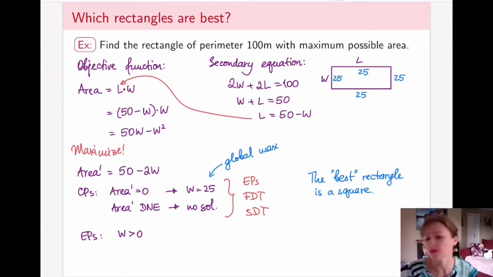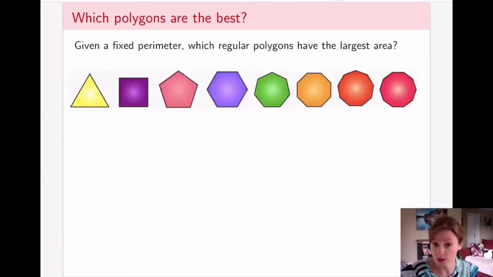Now, what if I'm not constrained to using 4 sides? So what if I have fixed amount of perimeter, but I can use as many sides as I want? Which one of these shapes will now have the most area enclosed within it? Is it a triangle? Is it a square? A pentagon? A hexagon?